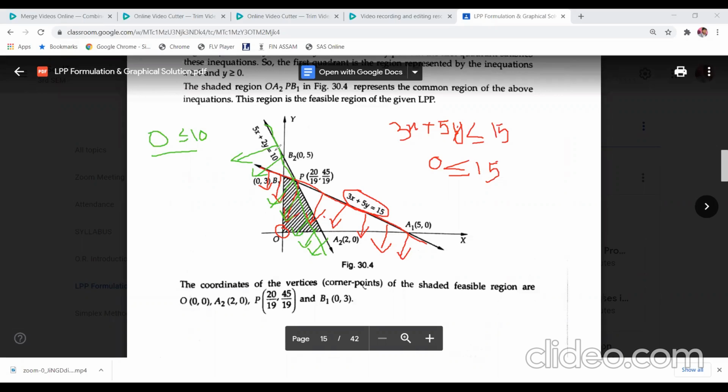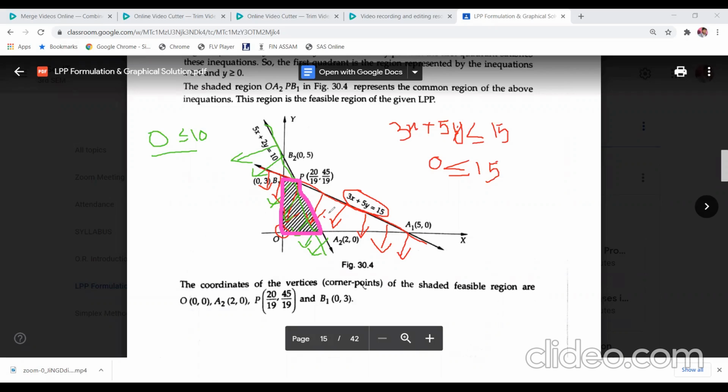So obviously, if you see, this part will be common in both the solution regions.